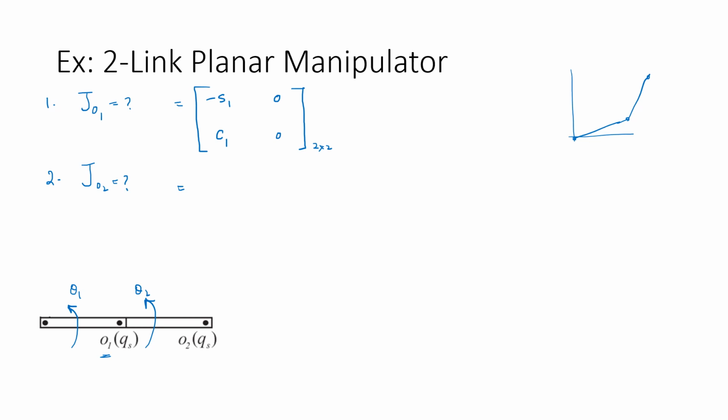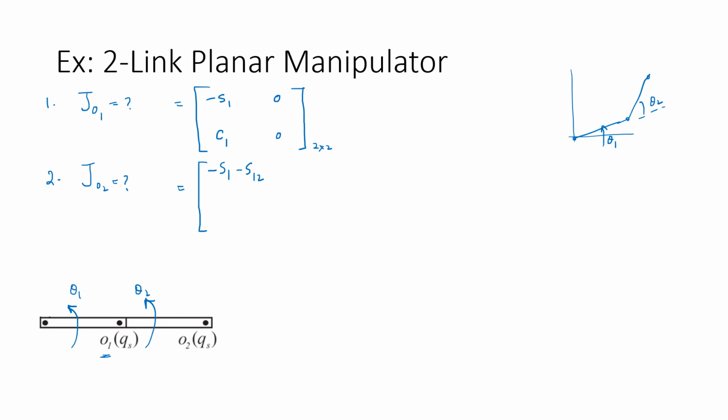So for the two-link manipulator, when you have this as theta 1 and this as theta 2, and all the frames were defined with that, you have computed already these Jacobians. So making use of that earlier discussion, I'll try to rewrite or recall that Jacobian. That was something like minus sine of theta 1, similar to the first term in JO1, and then you have minus sine of theta 1 plus theta 2.